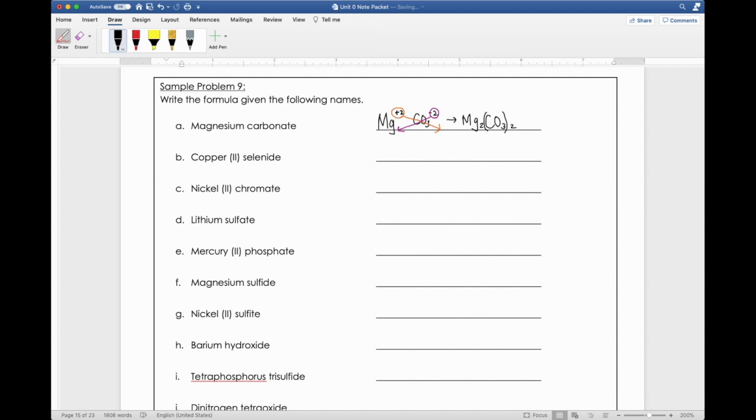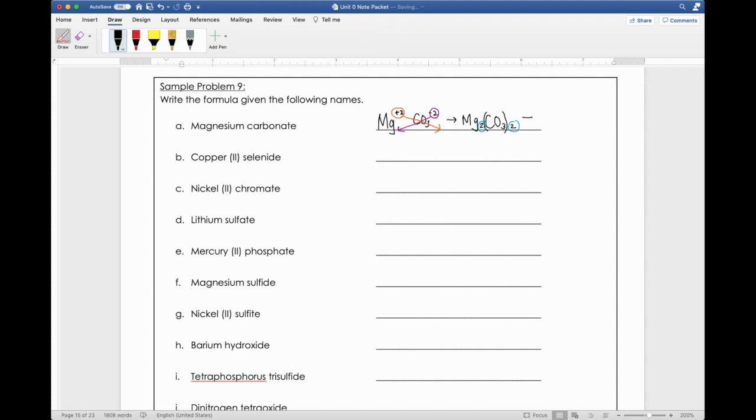However, sometimes in chemistry, there's exceptions to rules. Here, look how I have a 2 and a 2. So this means that this is a 2-to-2 ionic ratio. If you get the same number, or numbers that are both divisible by 2, or both divisible by 3, you can in fact reduce this to the lowest ratio.